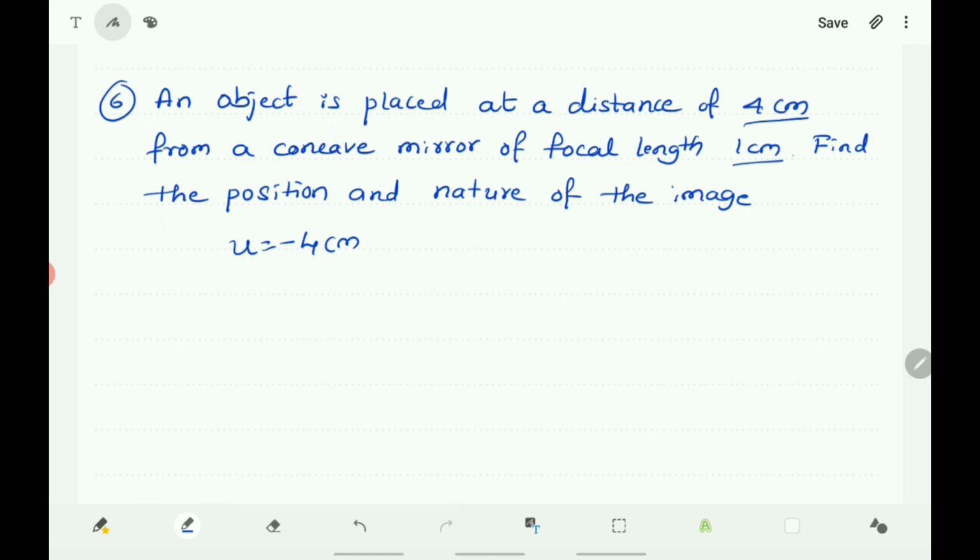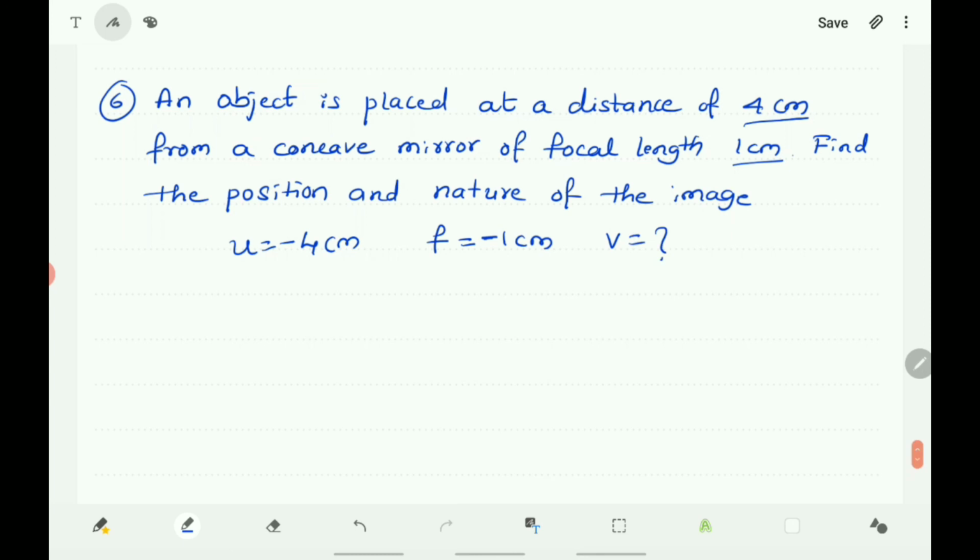That is for the concave mirror it is to be taken as negative. So f is equals to minus 1 centimeter. And here we have to find the position and nature of the image. Position means the distance of the image is equals to question mark.